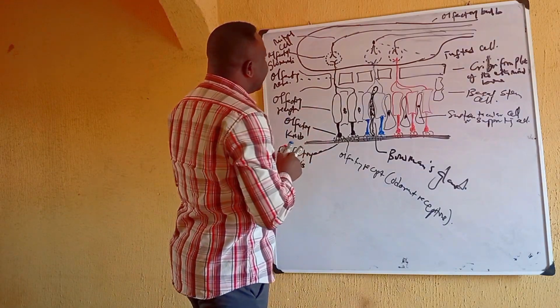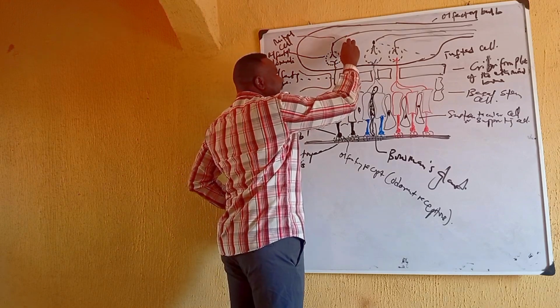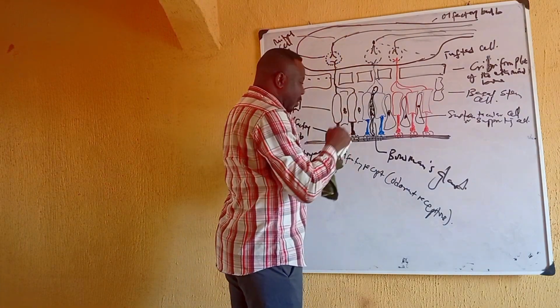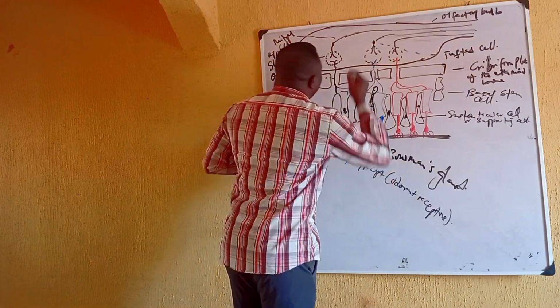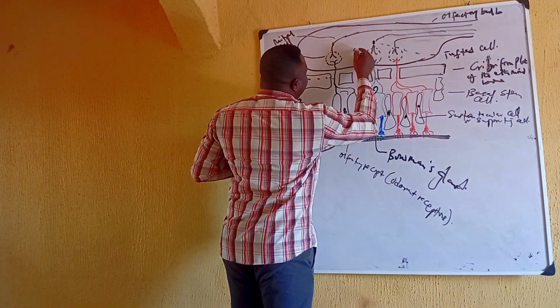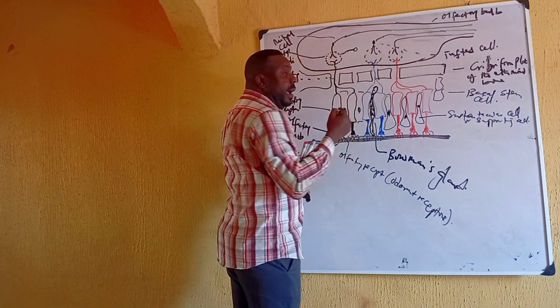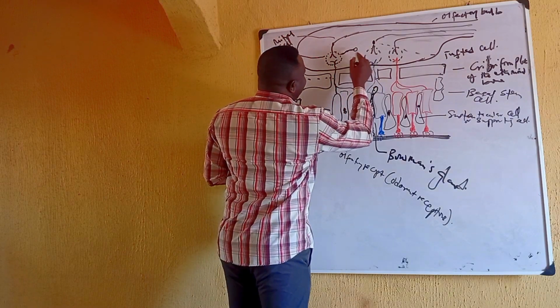So, like I said, there are other cells that are also located in the olfactory bulb, one of which is known as the periglomerular cell. Now, the periglomerular cell is actually an inhibitory neuron that connects one glomerulus to another glomerulus.